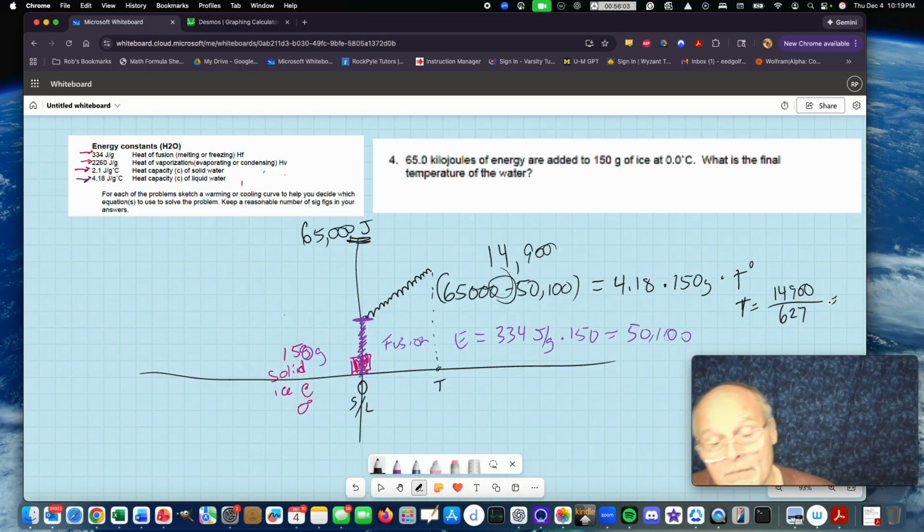Which is 23.8 degrees C. So if we have the energy, we can find the temperature, right?